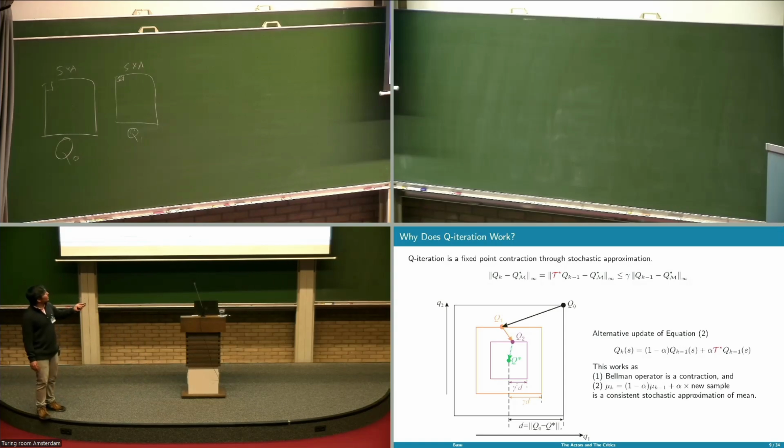But here you have one more thing: if you actually want to estimate a mean, you can estimate the mean of anything in this way also. If you keep 1 minus alpha times mu k minus 1, that is the previous iterate of the mean you had, plus alpha times the new sample, again there's a scaling factor I am not adding, then you can keep on adding new samples and calculate the mean over time. Okay.